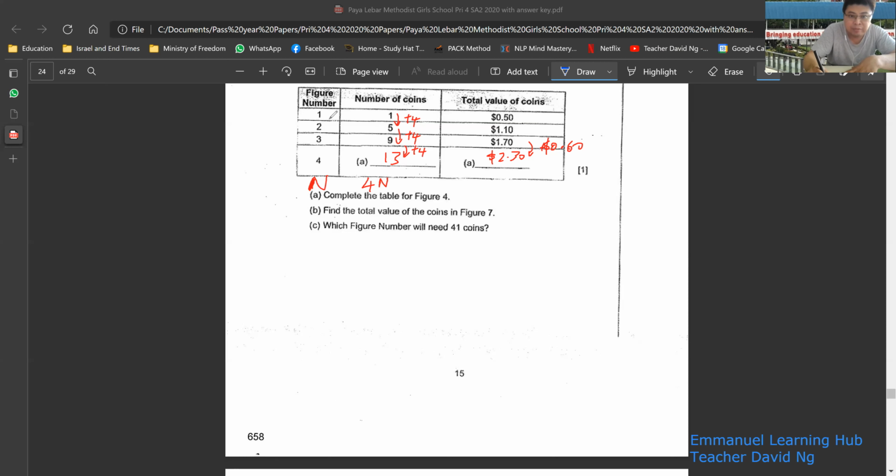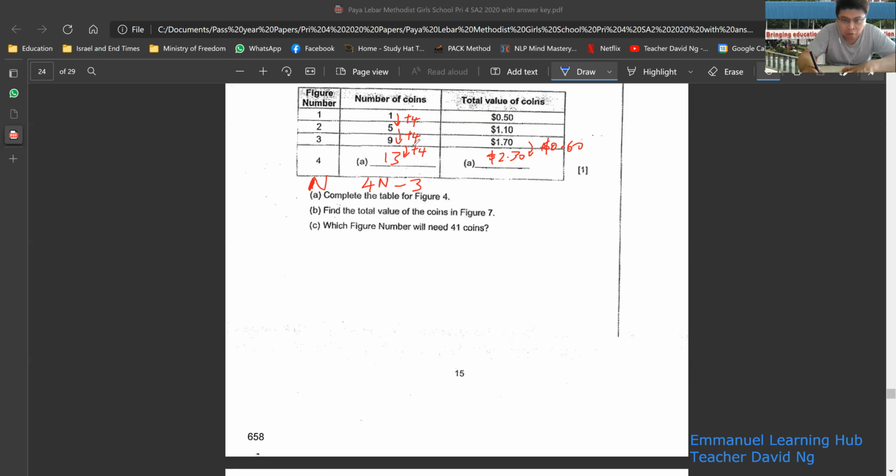If it's 4n, it's 4n minus 3. You understand how I get 4n minus 3? Because that one is plus 3, plus 3. You see 4n.